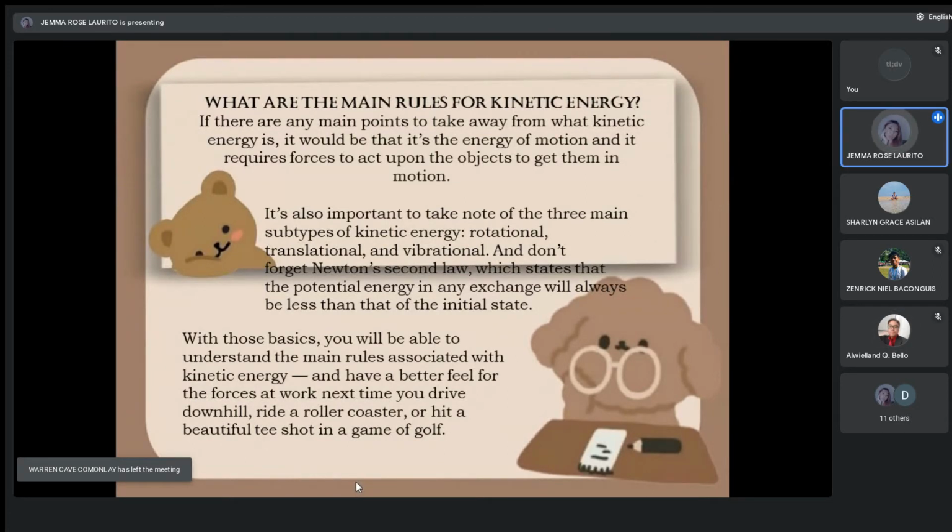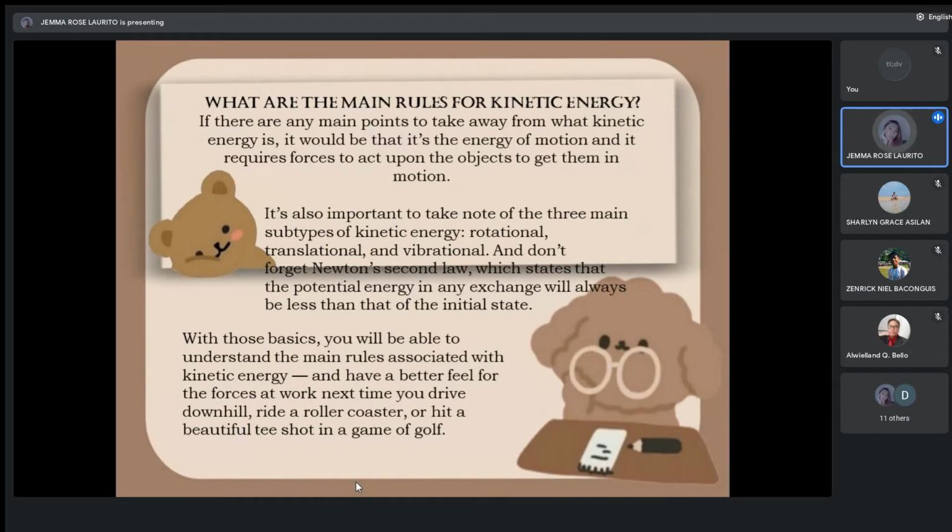What are the main rules for kinetic energy? If there are any main points to take away from what kinetic energy is, it would be that it's the energy of motion and it requires force to act upon the object to get it in motion. It's also important to take note of the three main subtypes of kinetic energy: rotational, translational, and vibrational.